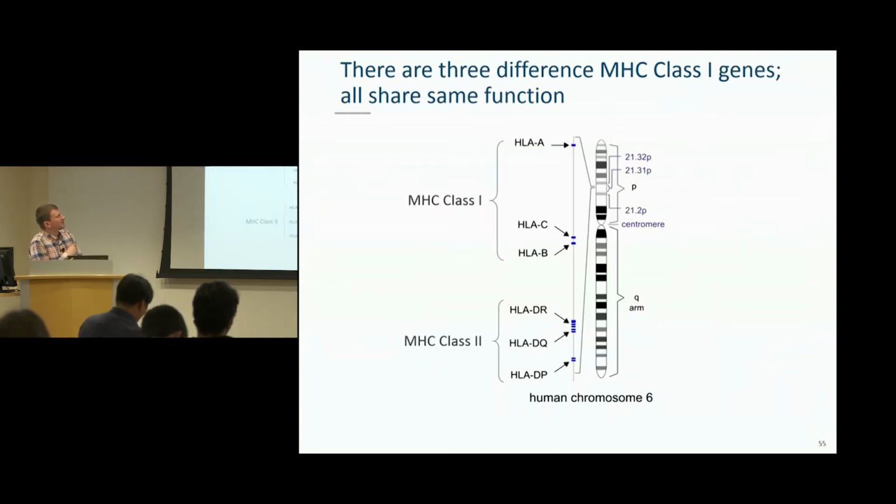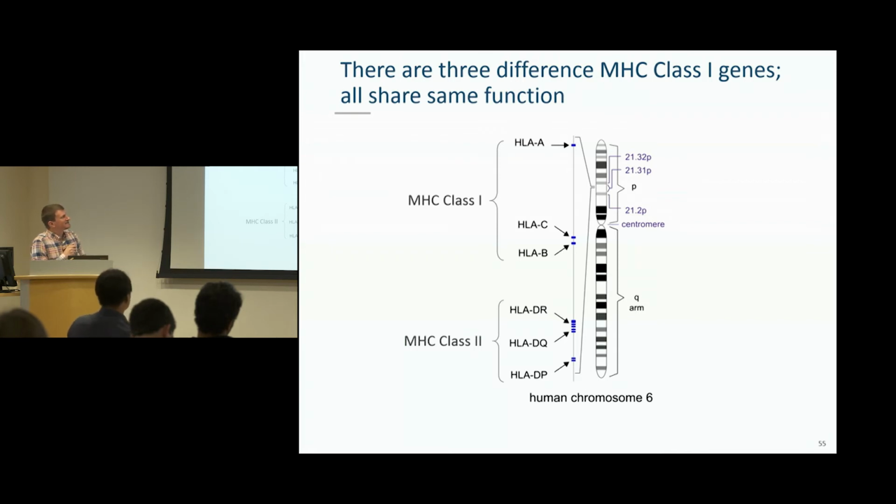Okay, so through the primer and everything so far, I've described MHC as if it was one gene, but that's not actually the case. There are 2 different types of MHC, MHC Class I and MHC Class II, which I briefly showed previously. We're focused on MHC Class I for today's talk, just to keep things simple. And MHC Class I is actually 3 distinct genes that are all very similar to each other.